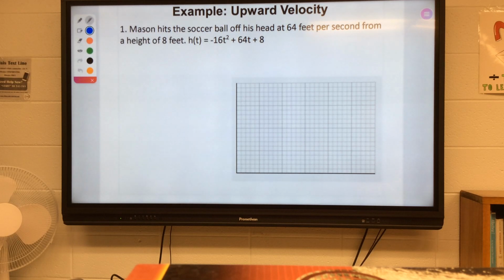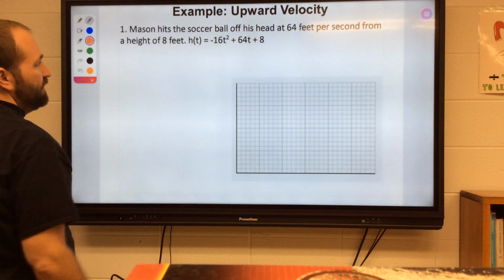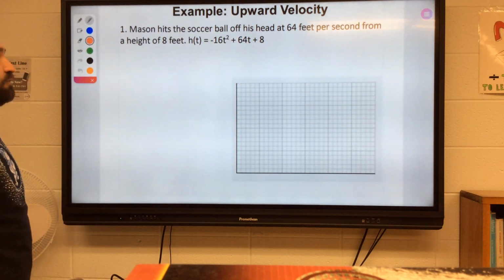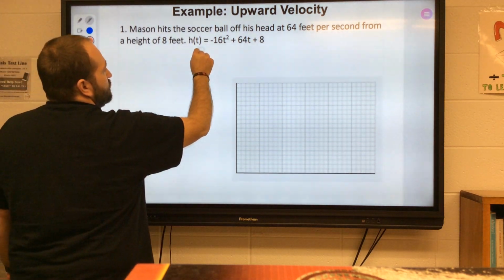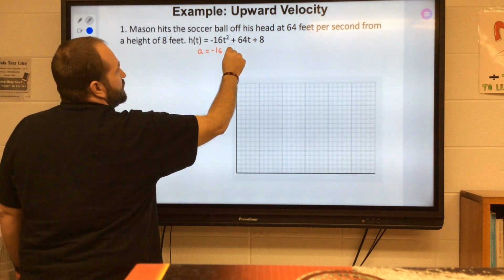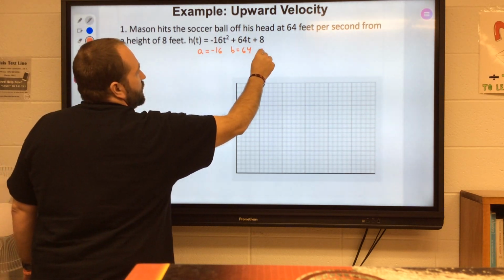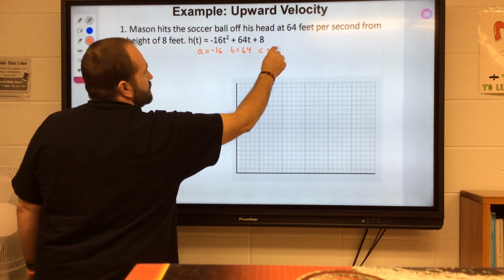Okay. To begin here, you're going to identify the values of A, B, and C in the standard form. So A here is negative 16. B here is 64. And C is 8.